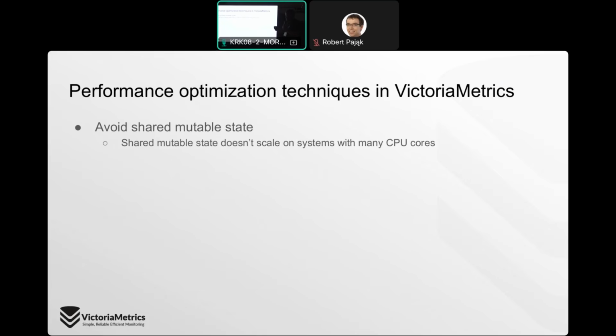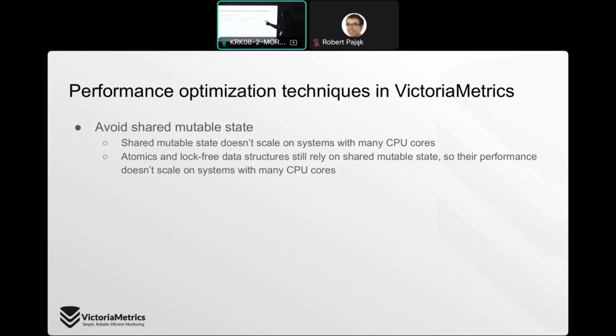And even worse, with the increasing number of CPU cores, the performance slowdown for accessing this shared mutable state increases significantly. So if you have, for example, a system with 2 CPU cores, then the shared mutable state is okay. But if you have a system with hundreds of CPU cores, then this shared mutable state will be a disaster for scalability.